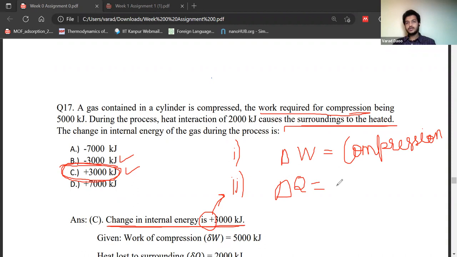That means heat lost by the system, right? Yes. Heat is lost by gas in the cylinder.